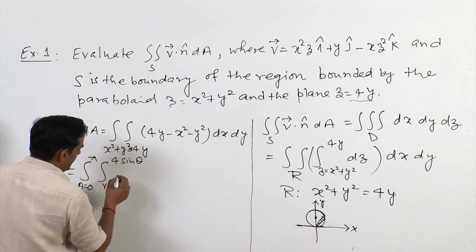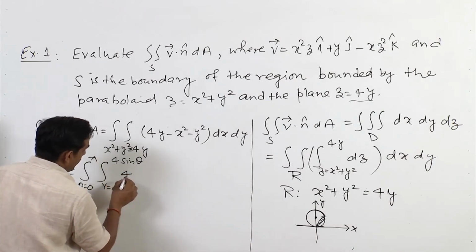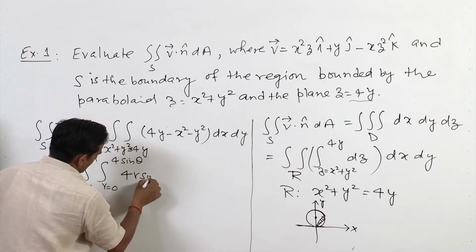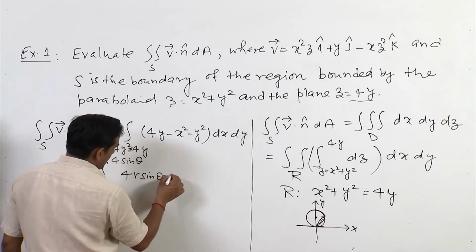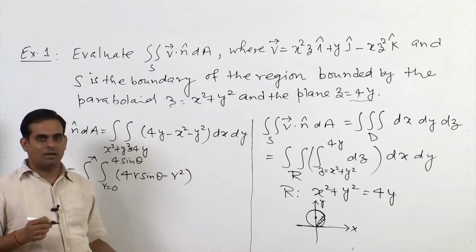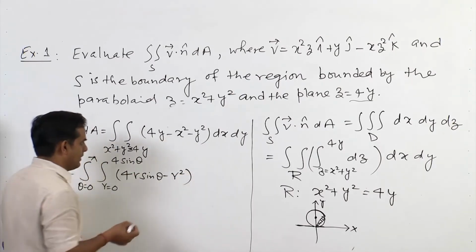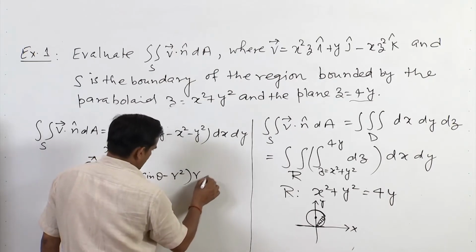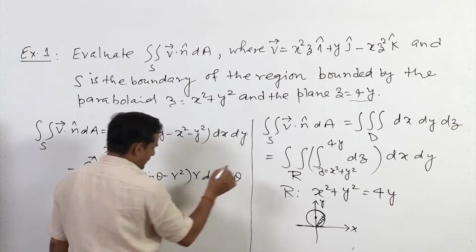And then it will become (4r sin theta minus r square) r dr d theta.